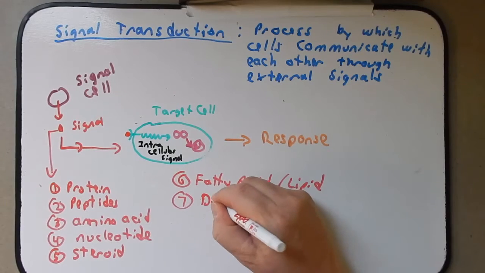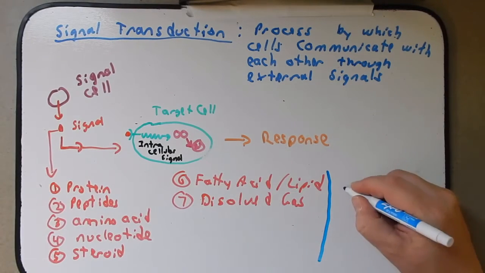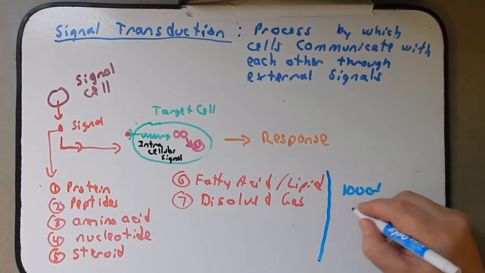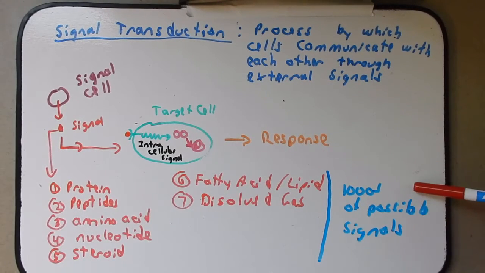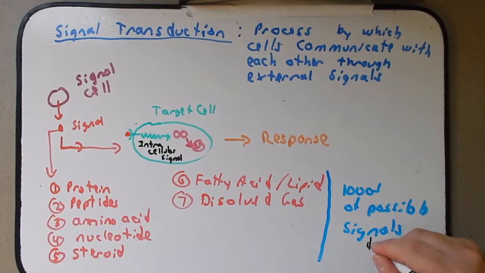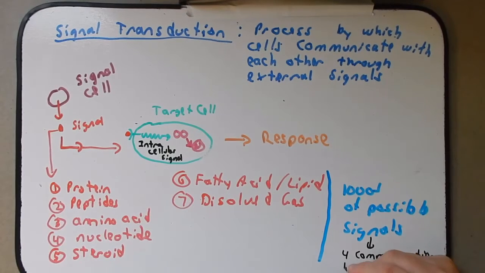It could also be a dissolved gas. There are thousands of possible signals. But regardless of the signal type, there are really 4 communication pathways that these many different signals could enter.